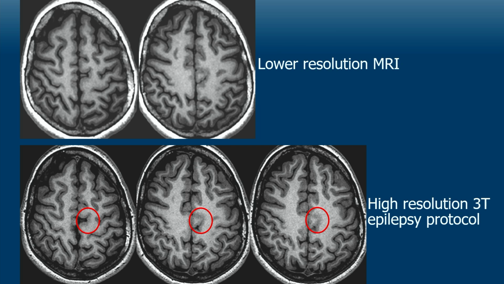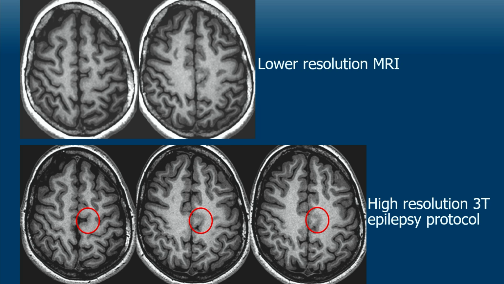So to show an example of how the resolution of the scan affects lesion detection, the top two images in the top row are slightly lower resolution. They're still high quality imaging, but slightly lower resolution. When we reviewed the MRI, we could not see a lesion.